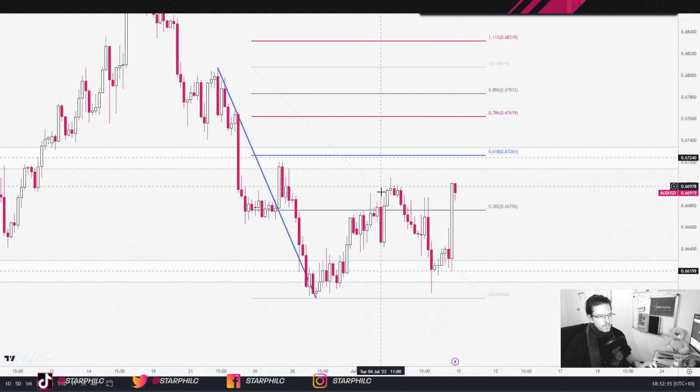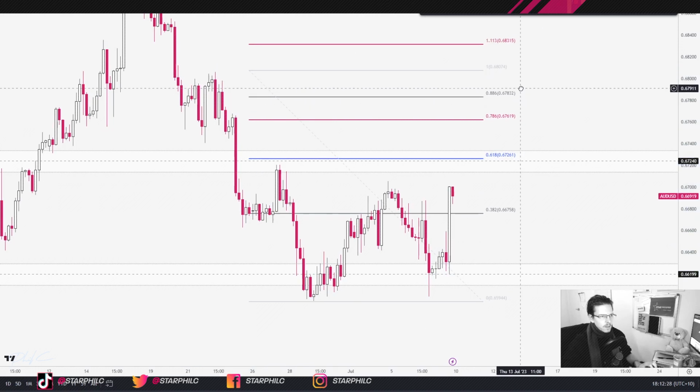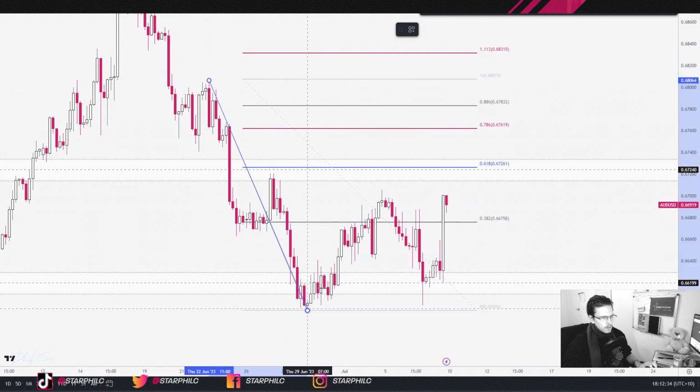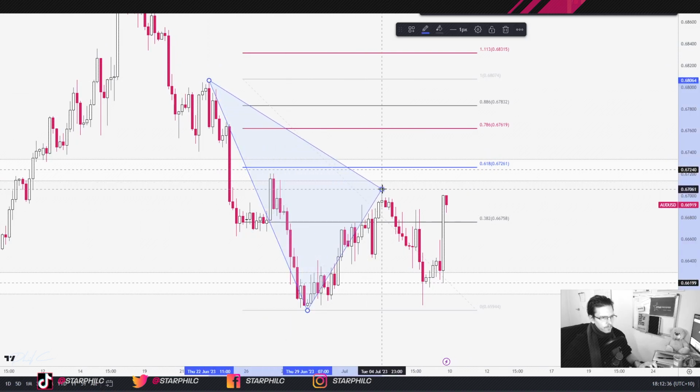Price action comes up, hits the 382. We come down, we hit the 382 as well. And now all we're doing is waiting for price action to come up into the 886. And on the Aussie dollar, that pattern setup would look like this. I'll draw it in for you to see.